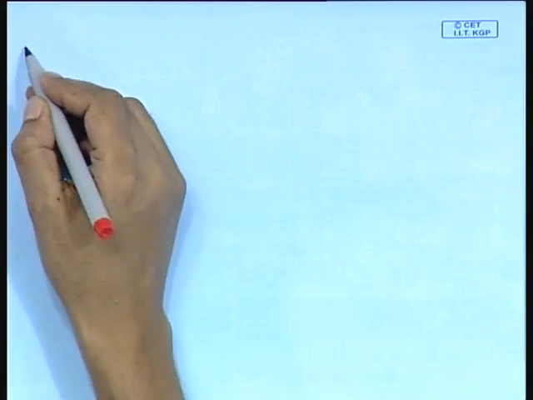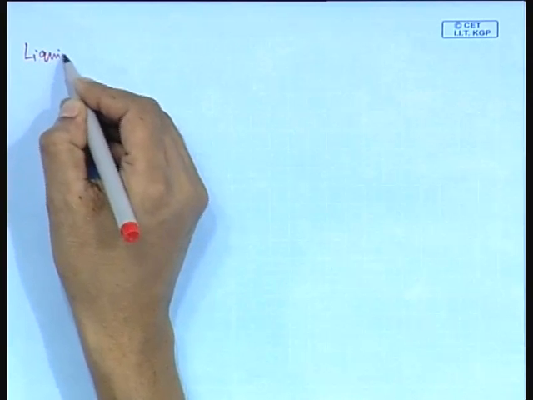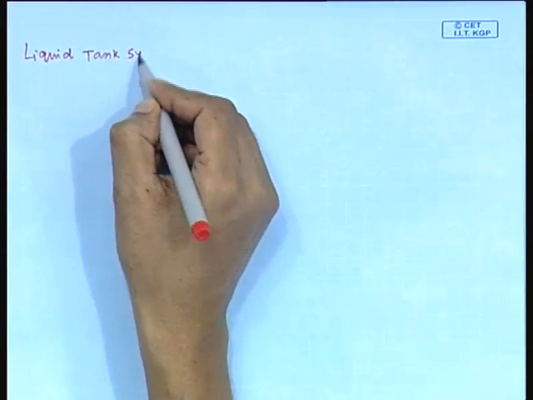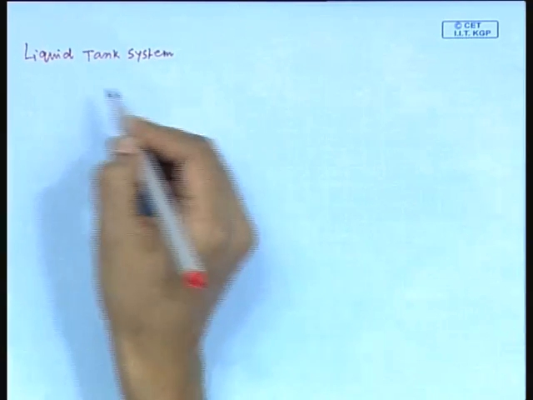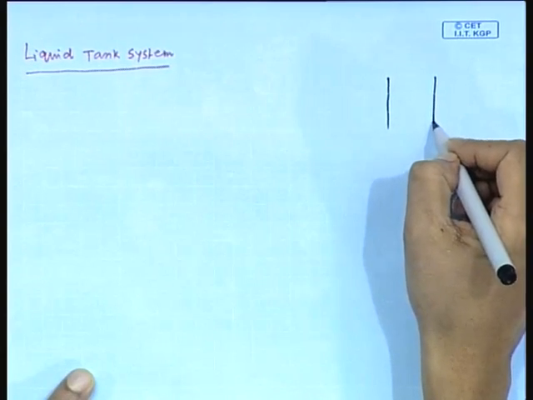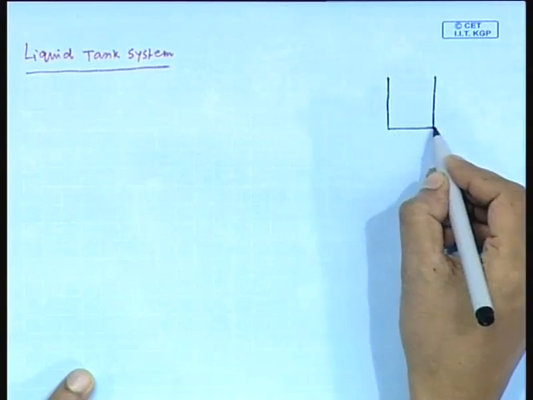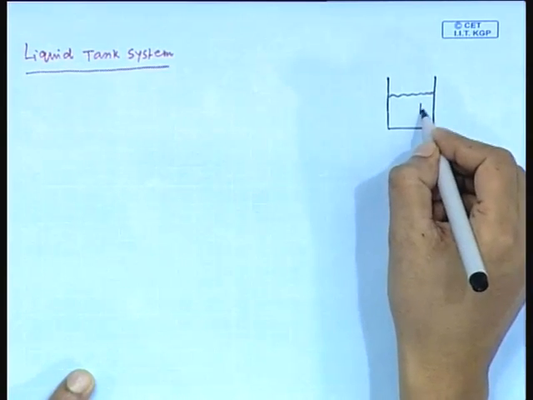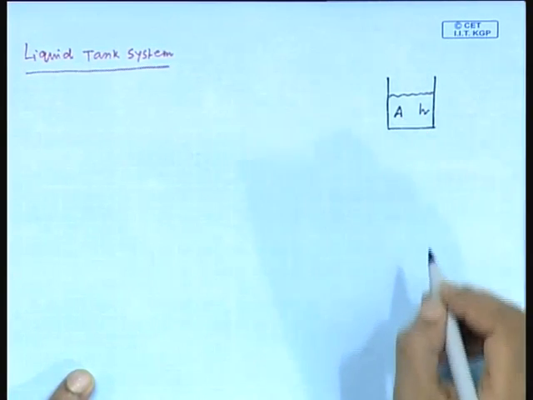So, we will consider the example of a liquid tank system. This is the schematic of the liquid tank system. Liquid height H and cross sectional area A of the tank.